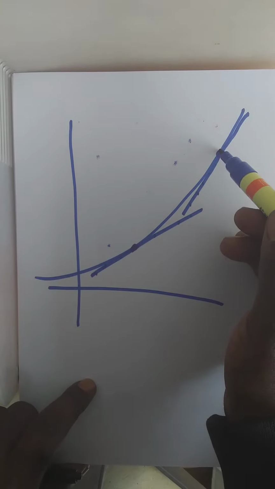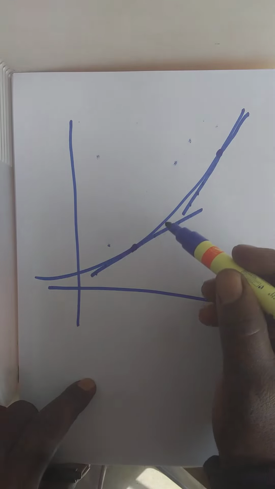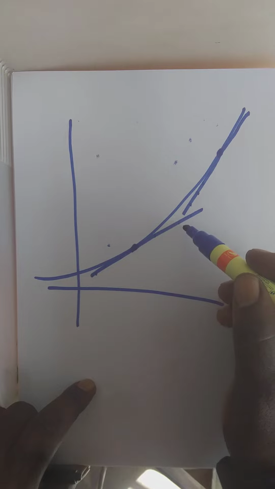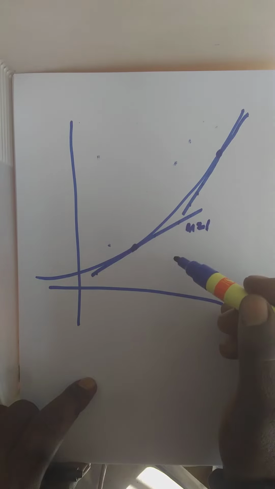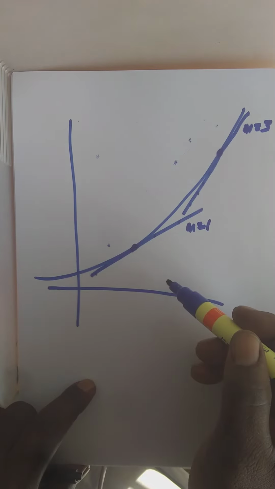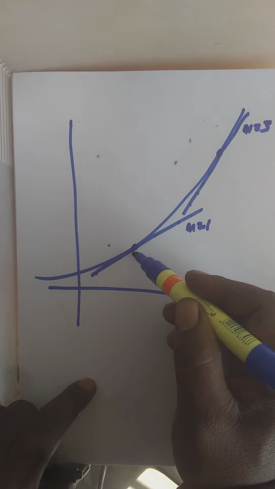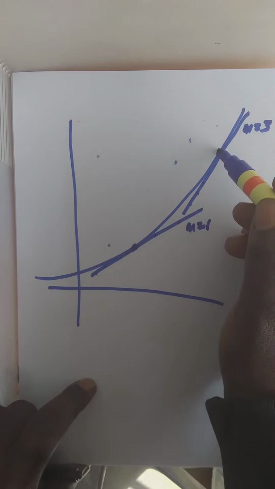So the gradient of the curve at this point will also be equal to the gradient of the tangent at this point. Say for example, for this tangent, gradient is equal to 1. Maybe for this tangent, gradient is equal to 3. So the gradient of the curve at this point will be equal to 1. The gradient of the curve at this point will be equal to 3.